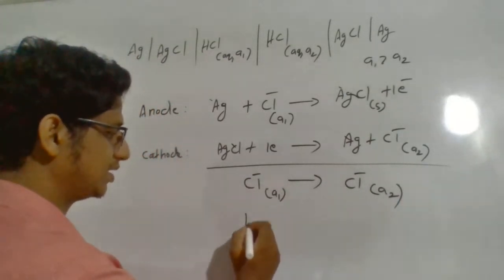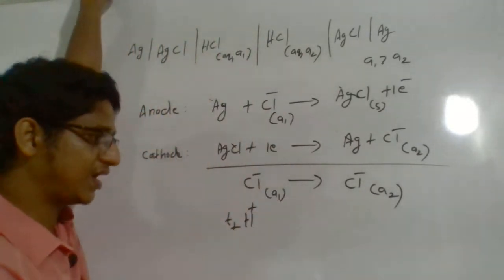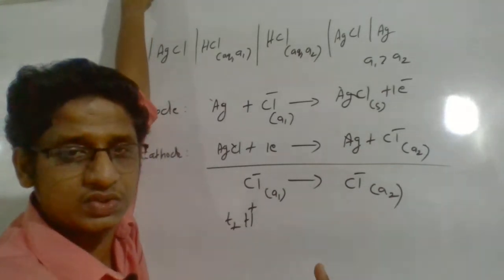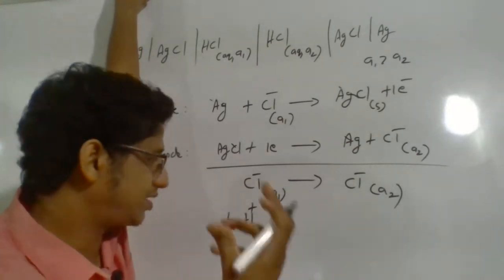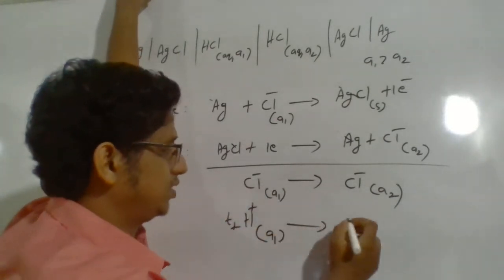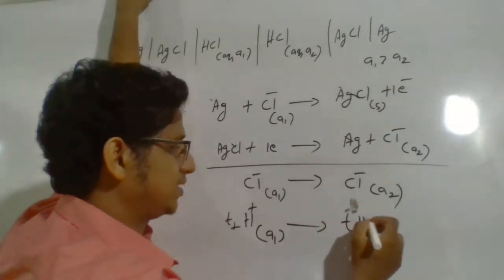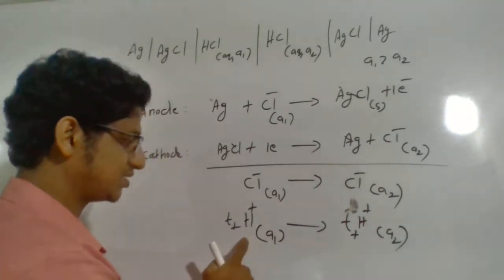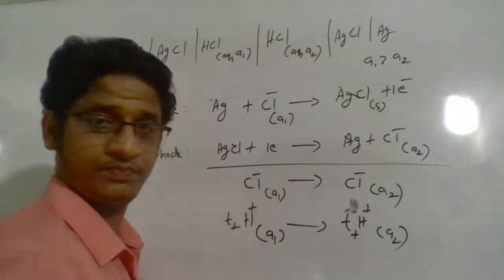Similar to the way we derived the expression earlier, if 1 faraday of electricity is passed through the solution, then T plus, the transport number of the H plus ion, moves from A1 to A2. So H plus ion with transport number T plus is moving from A1 to A2.